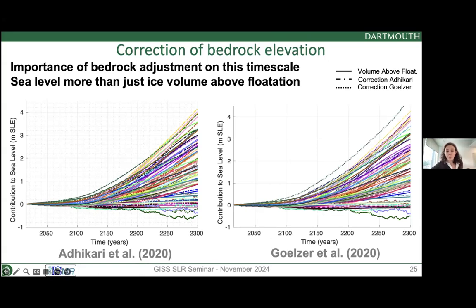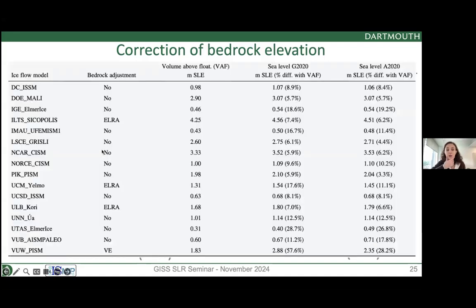And so we see the results here with and without this correction, and we see that there are small differences, about 10%. If we look at a table, it might be easier, showing the difference between the volume above flotation that was calculated and that I've been talking about before, and this improved method to include sea level bedrock adjustment, we see that there's about 5 to 10% difference.